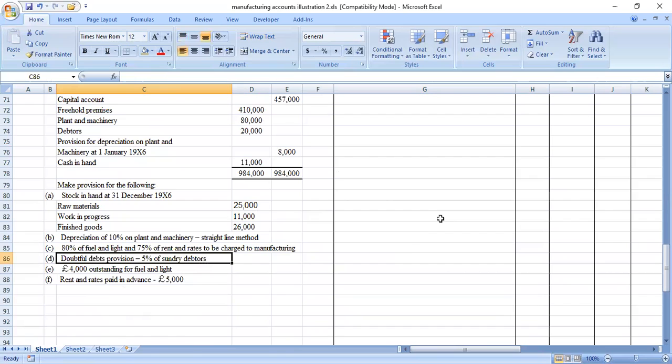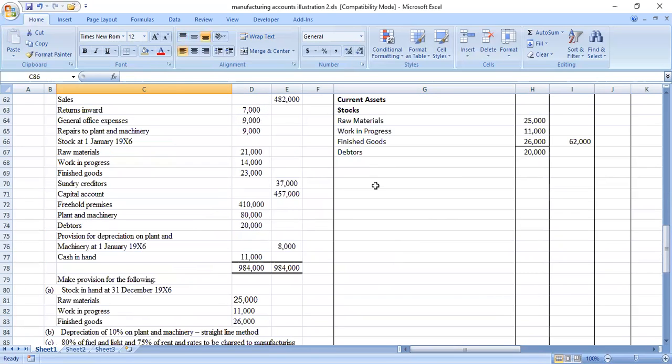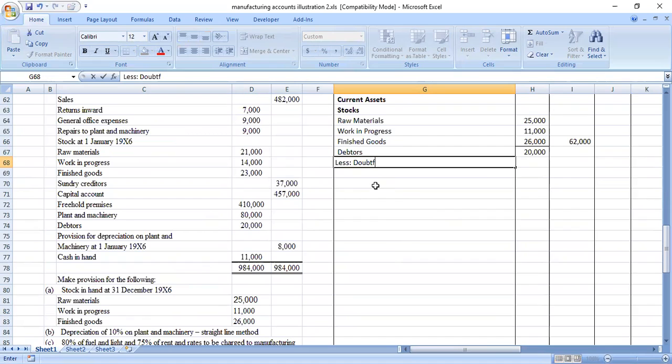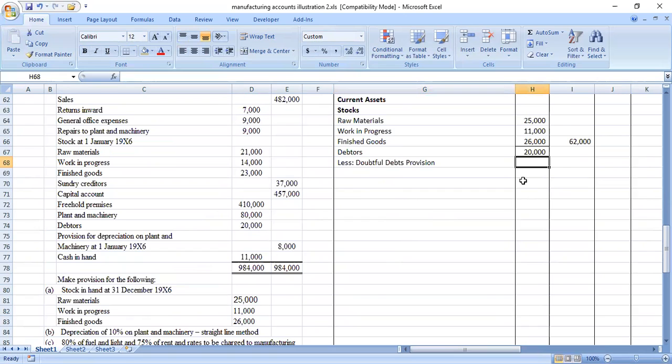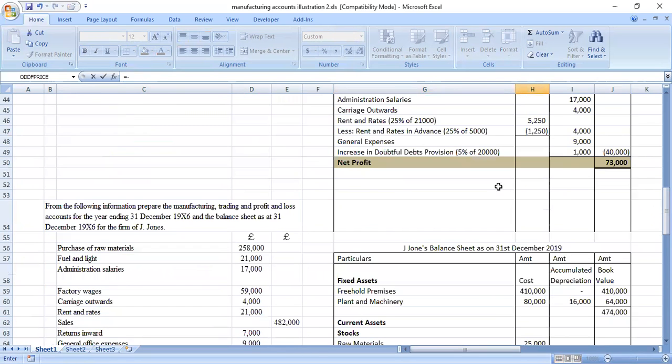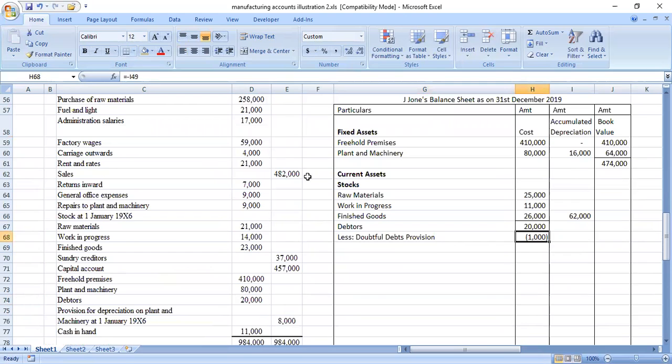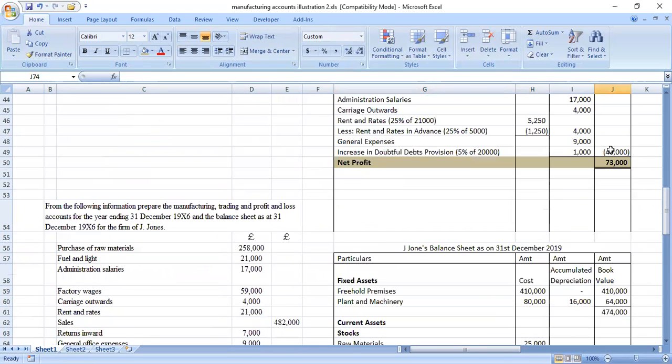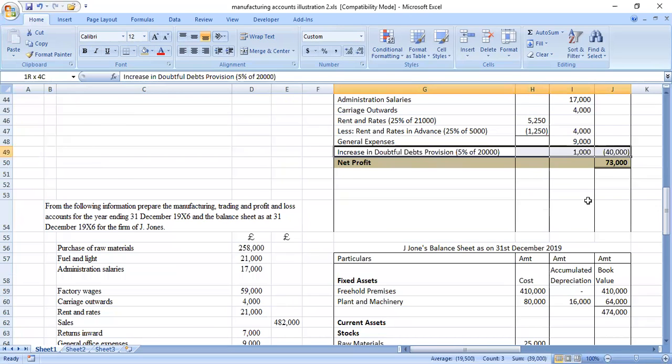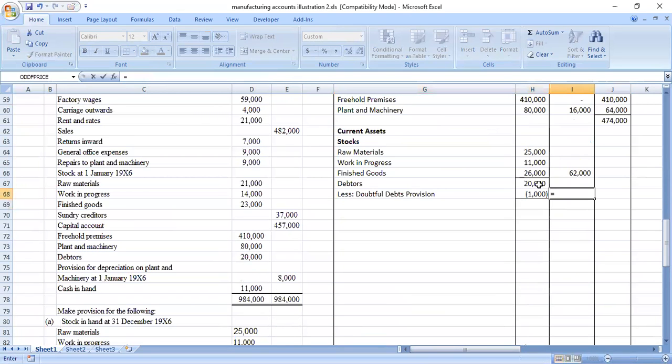We're supposed to deduct doubtful debts from the debtors. So therefore, we raise doubtful debt provision. Tulipata ni ngapi? Tulipata mahali hapa provision for doubtful debts, it's 1,000. Hiyo umeona hiyo? Yes. So therefore, the debtors should now be 19,000.